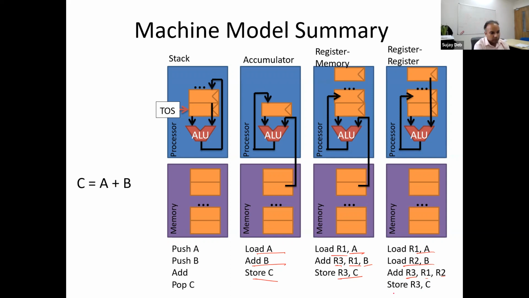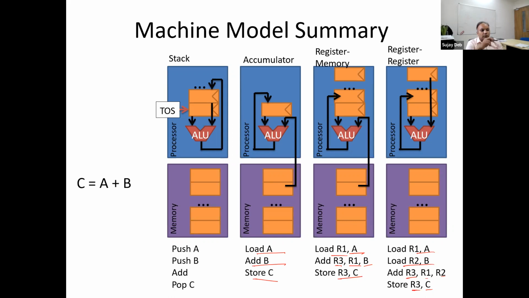Basically, the destination is R3, and then store the content of R3 to C. So this is how your assembly code will vary depending on the machine model you follow. That's why it's important to specify the machine model in the ISA itself, so that as a programmer I know whether it's an accumulator based system, a register system, a stack based system or a register memory system.